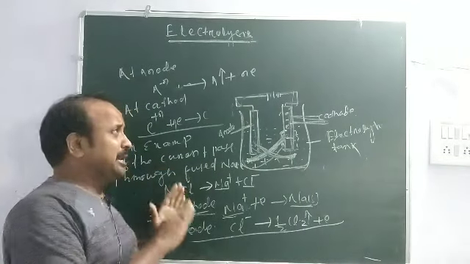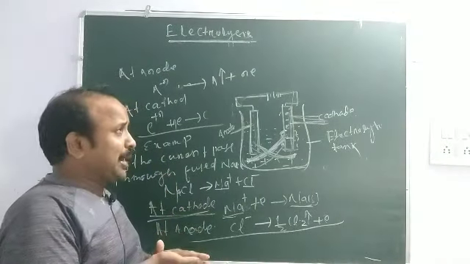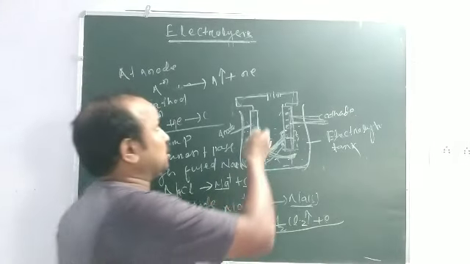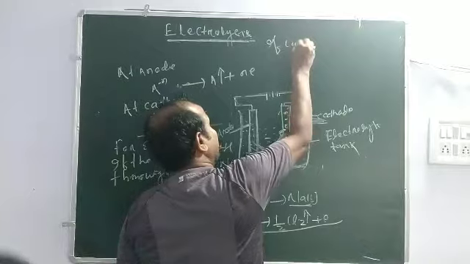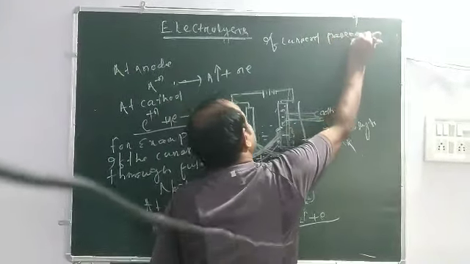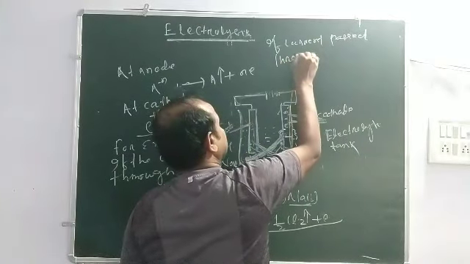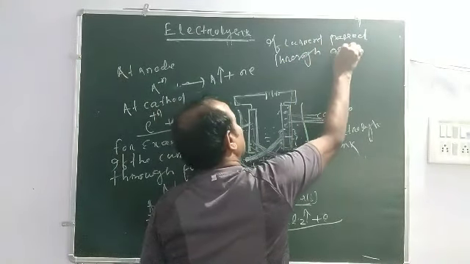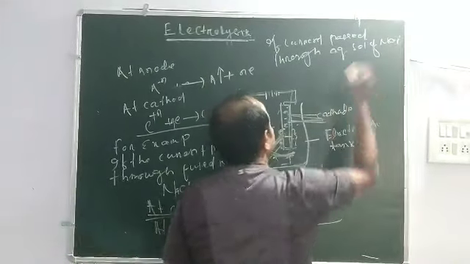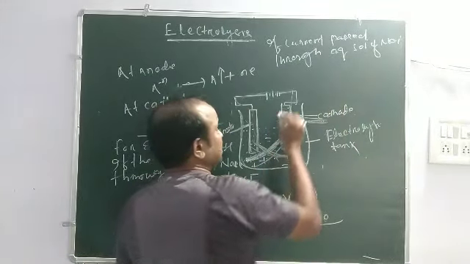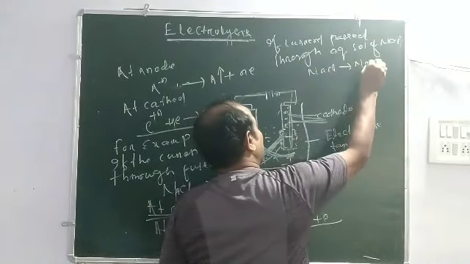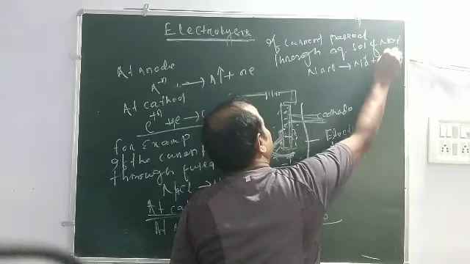Then what happens when current passes through aqueous NaCl solution? In an aqueous solution of NaCl, the NaCl splits into Na+ and Cl-.